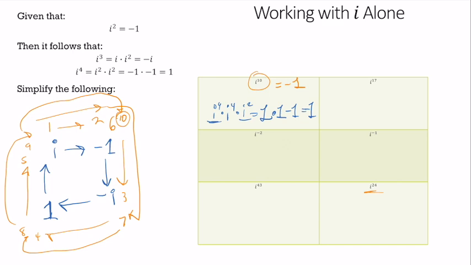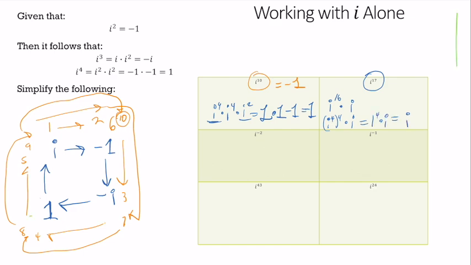Because that's 1 and that's easy to work with. So if I've got i to the 17th, 16 is the biggest multiple of 4 that goes into 17. So I could write this as i to the 16th times i. Well, i to the 16th we can write as i to the 4th to the 4th times i. So I've got 1 to the 4th times i. That's just going to give me i.